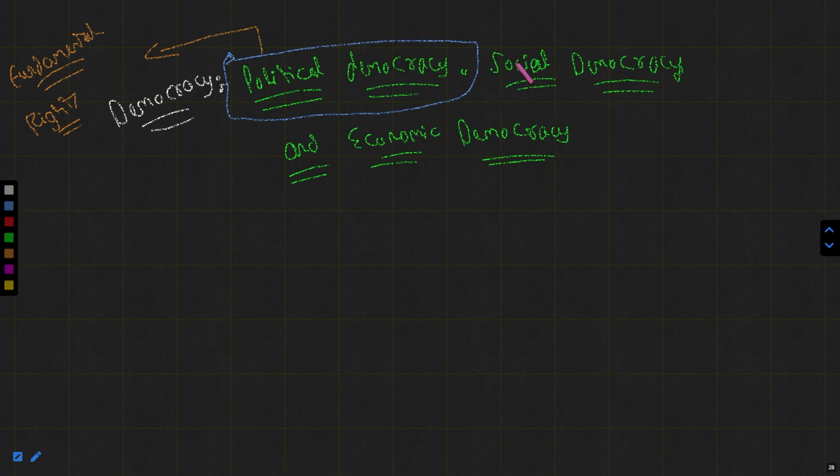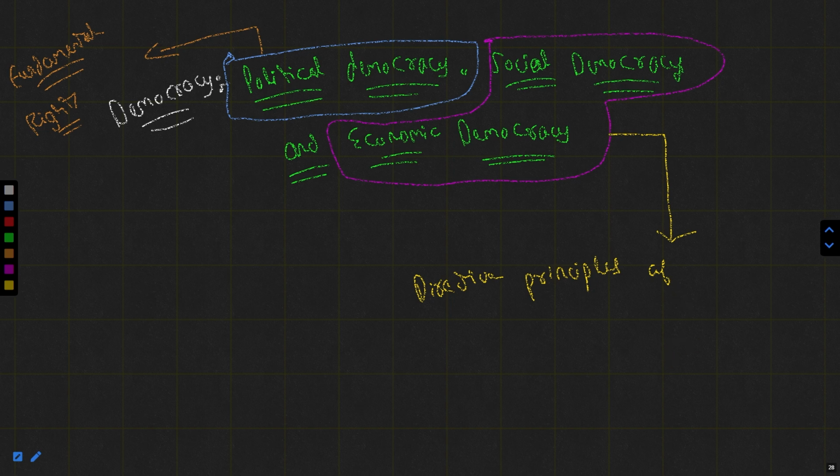And social and economic democracy is basically secured by the Directive Principles of State Policy. Right? That is the thing.